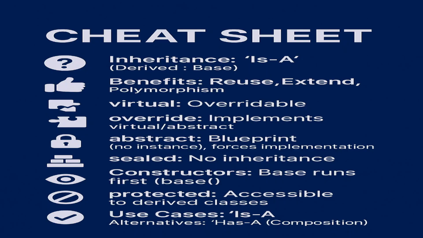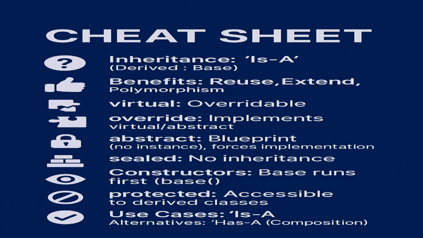You cannot create an instance object of an abstract class, and it forces the implementation in the child class or derived class. Sealed is something which is final, the final design. You don't want any changes in that class, and that is where you should be using sealed.